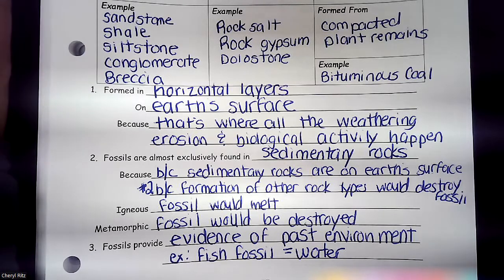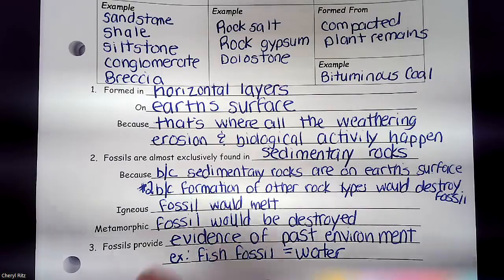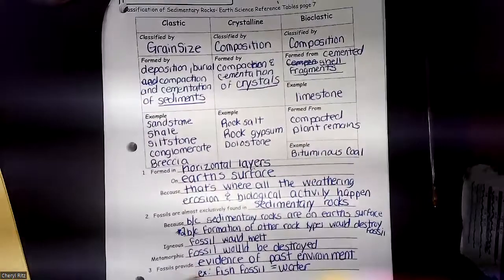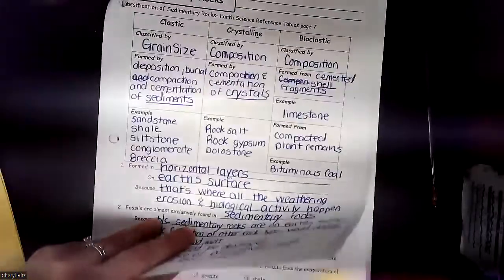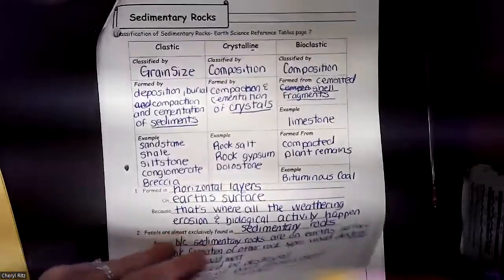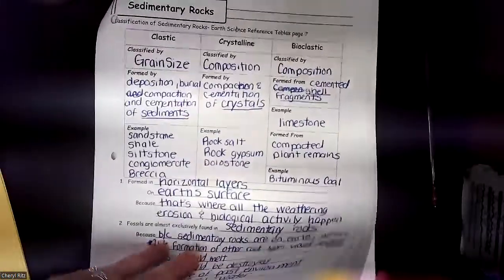Okay, so we still have some major reviewing to do, but we have learned everything. We have all of them. So you have homework. It's something some of my other classes have already completed. We're going to do some reviewing by ourselves.